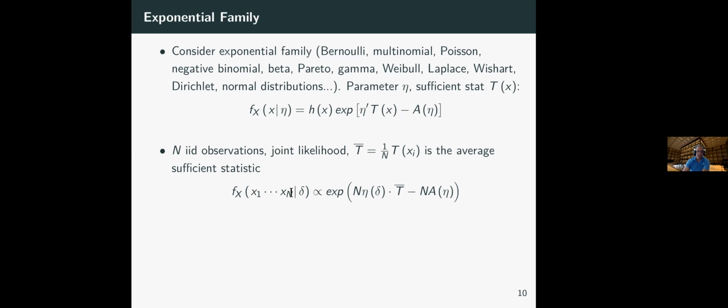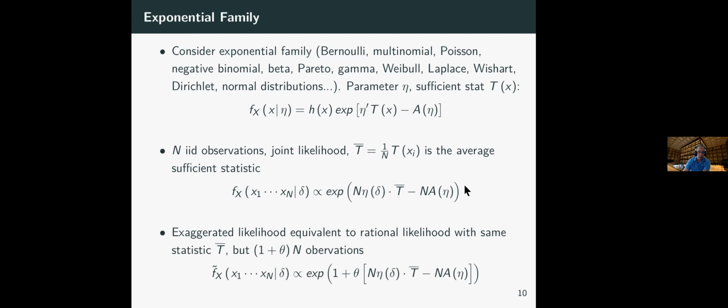What does exaggerated likelihoods do? Well, I'm going to raise this to the 1 plus theta power, but raising an exponential to the 1 plus theta power, I can pull the 1 plus theta into the exponential. The distorted likelihood has the same form as the correct rational likelihood, except there's a 1 plus theta multiplying out here. So where n is the number of observations, I just multiply that times 1 plus theta.